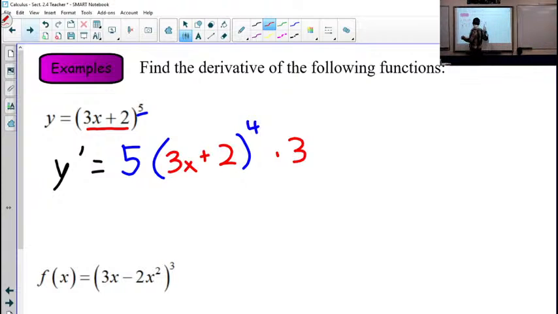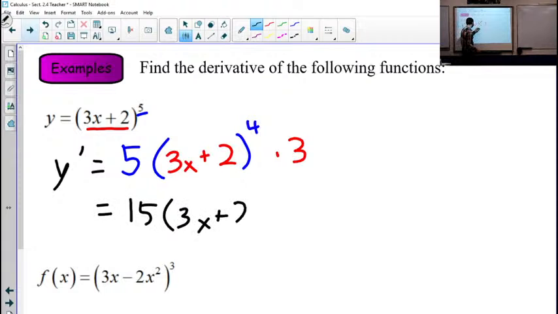So I can actually multiply 5 times 3, and that's going to equal 15. And then we have 3x plus 2 to the 4th. Much easier than expanding all of that out. That's our final answer.